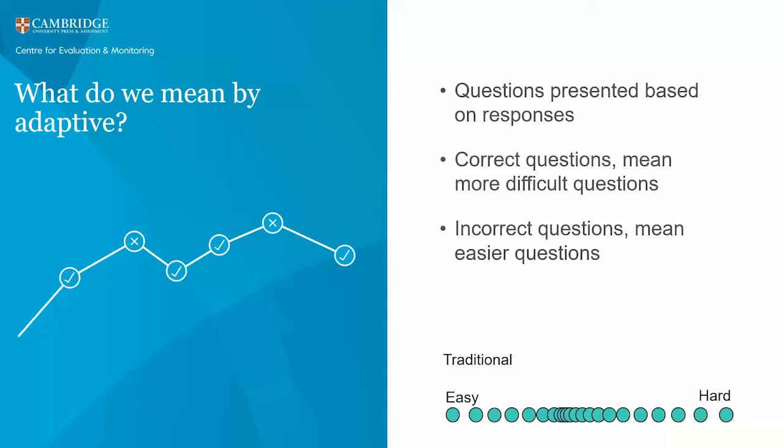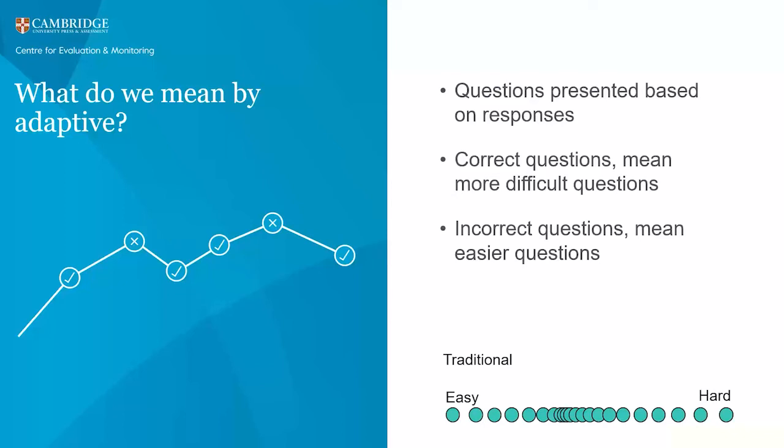And you've got some hard questions in there because you've got some gifted students there as well. But a lot of those questions are going to be around the middle. And that's what I mean by a traditional test or a static test, where all students are presented with exactly the same questions in the same order.